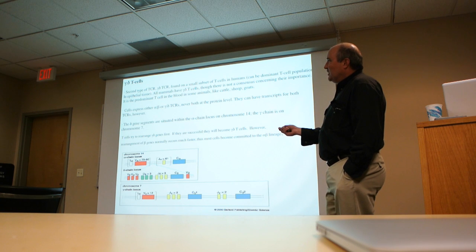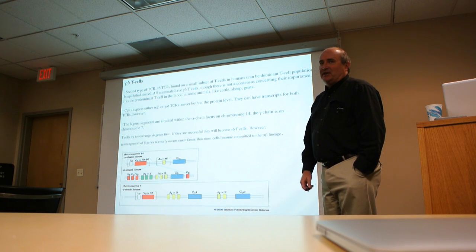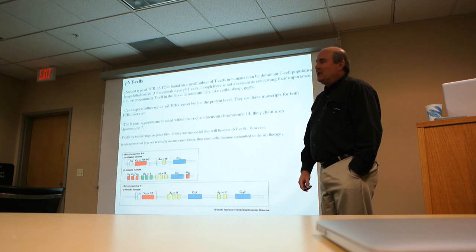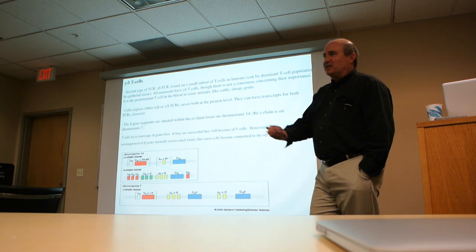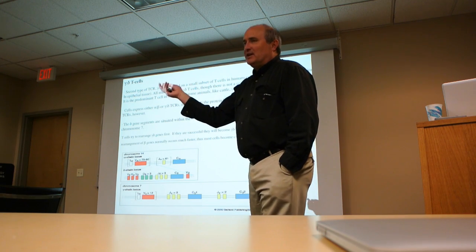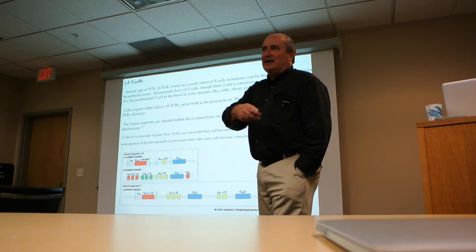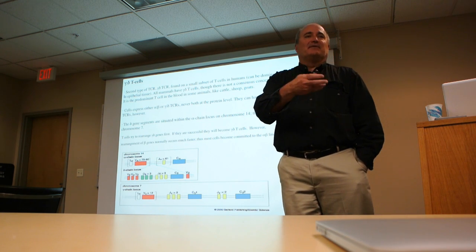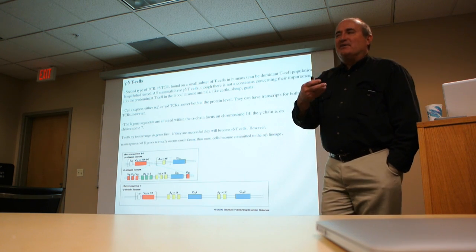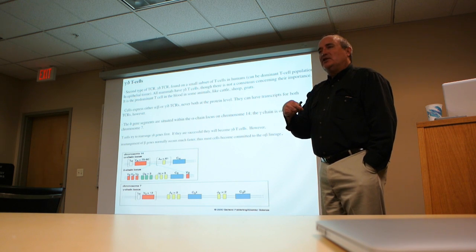I told you it's also happening on this oddball cell, this gamma delta T cell. Alpha beta T cells are the predominant one in the human. If I took a sample of your blood and looked at the frequency, gamma delta T cells might be 5%, 3%. So they tended to be ignored in the human.